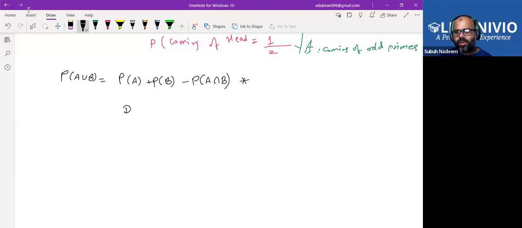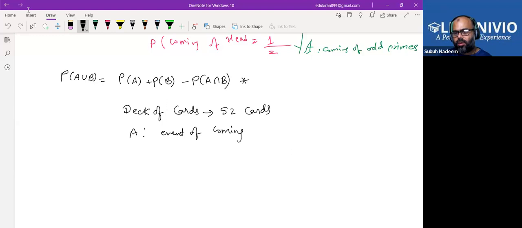So suppose there is a deck of cards, and in that deck there are 52 cards, and you have to tell: if event A is the event of coming ace, how many aces are there? Sir, 4. Yeah. And B is the event of coming spade, right? So spade, how many are there?